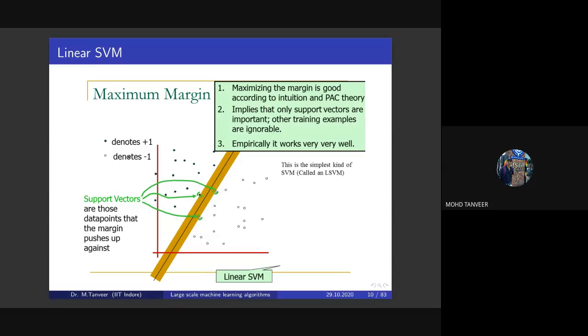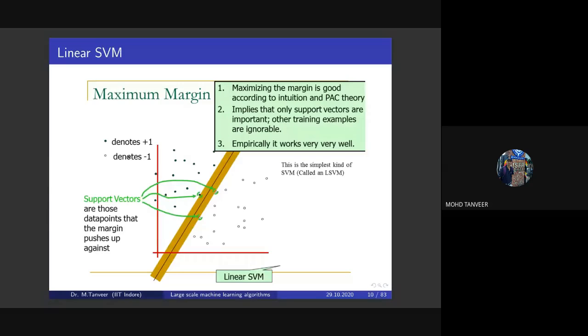Margin is the distance between these two supporting hyperplanes corresponding to class +1 and -1. Why are we saying support vectors? Because support vectors are those vectors which lie on these supporting hyperplanes. You can see that only 3 data points are there. So what happens?